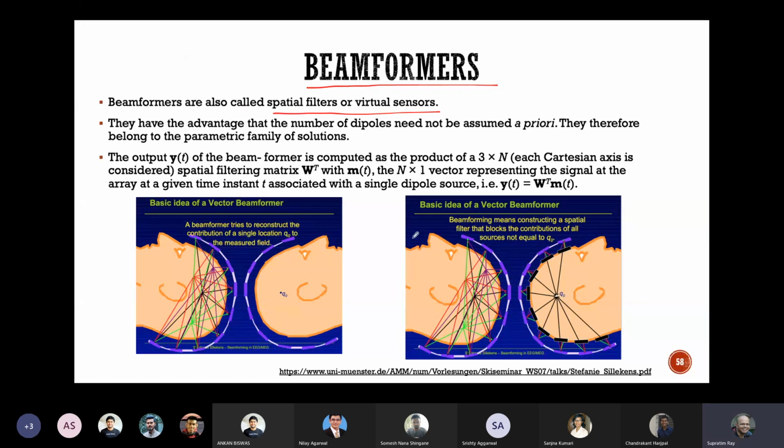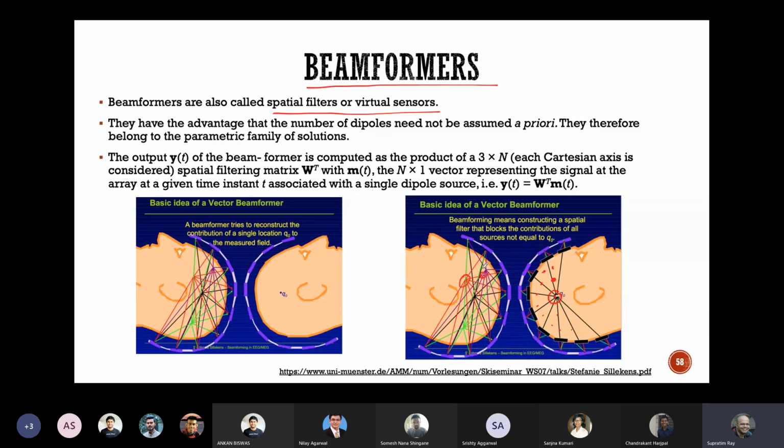So I need a spatial filter which blocks the contribution of all sources that are not at this location. My weight vector should be such that I'm able to reconstruct the source at a particular location perfectly, but the weight vector is also going to give a zero value for any other location. Think about this. This is not a trivial concept.